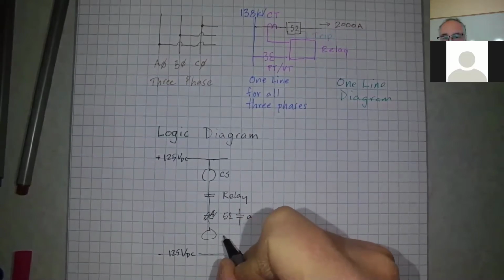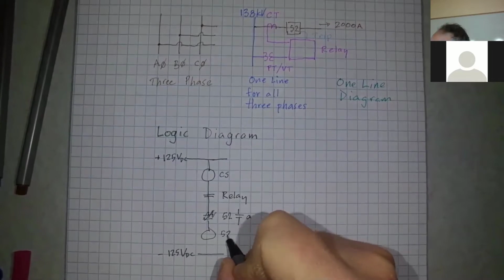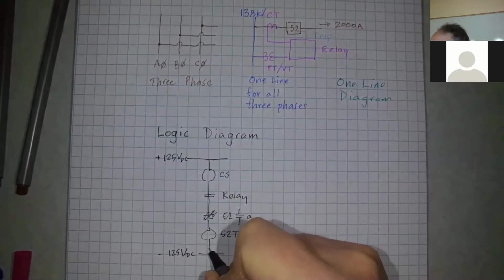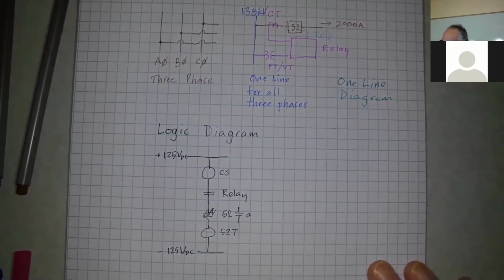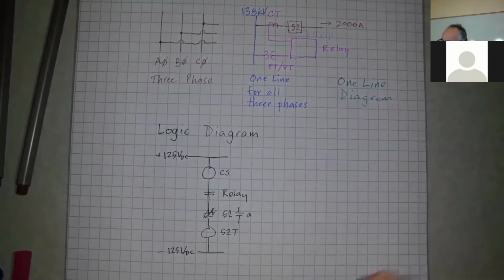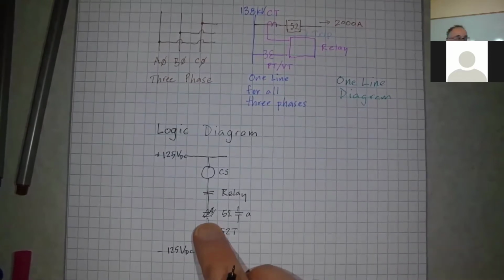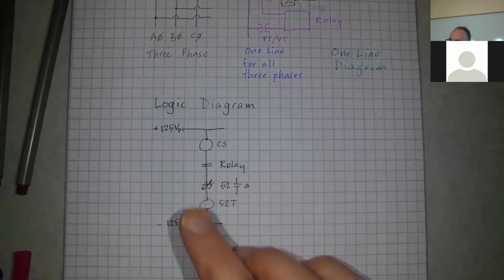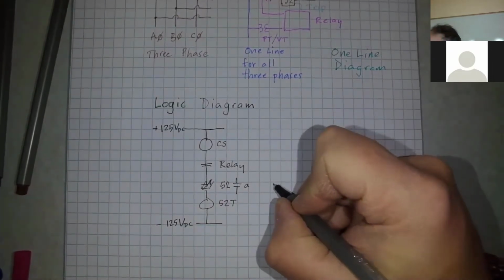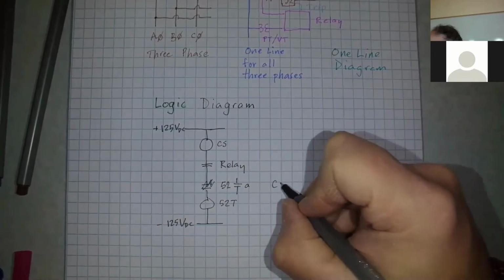And the 52T, like that. Okay. Do you want me to redraw that? I started to show it as a normally closed connection, but it would be normally open. A 52A is closed when the breaker is closed.